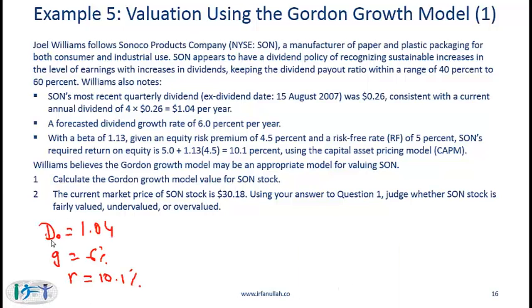So these are the main points. Your D0 is equal to 1.04. This is the dividend for the year that just ended. The growth rate is projected at 6%. This is the sustainable long-term growth rate. The discount rate is 10%. So what is the value at time 0?